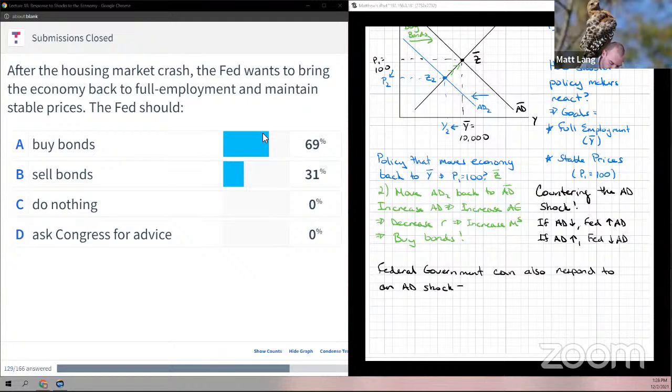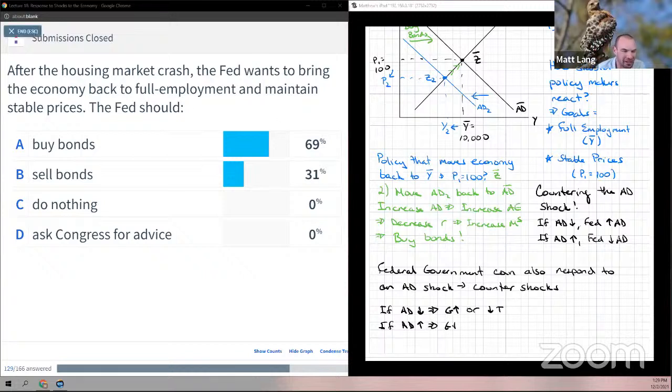If AD goes down, the government can go ahead and increase G or decrease T. If AD gets a little heated, the government can reduce spending or they can increase taxes. So G can go down or we can go ahead and increase taxes. All right. So all we've got to do is counter that AD shock, right? That's all we've got to do if there's this aggregate demand shock.